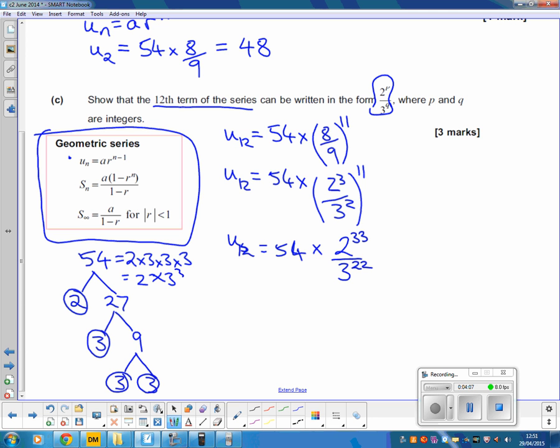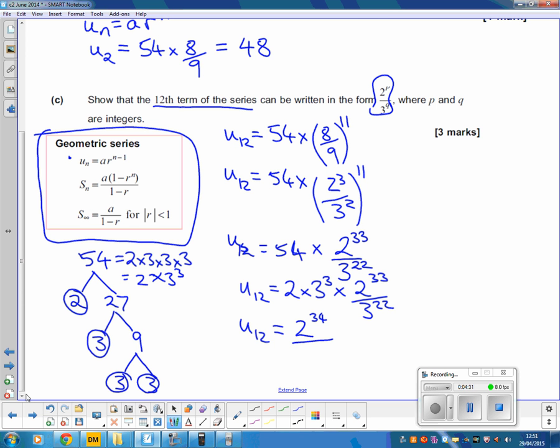3 cubed. That means we can go back to our formula. 54 is the same as 2 times 3 cubed, times 2 to the 33 over 3 to the 22. So combining all our powers, we've got 2 times 2 to the 33, so that's 2 to the 34.